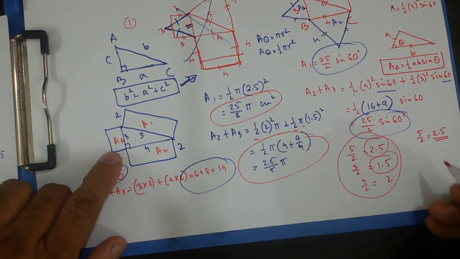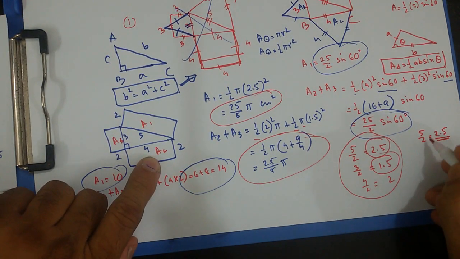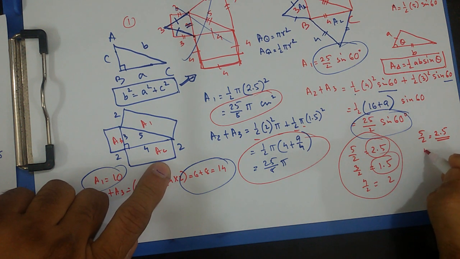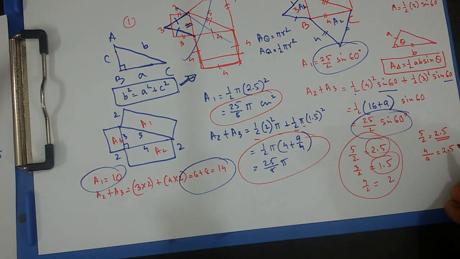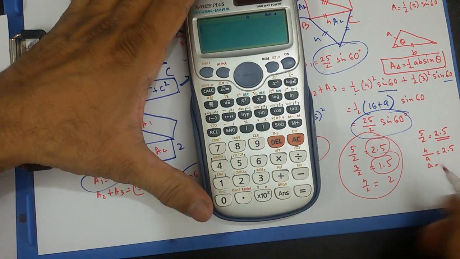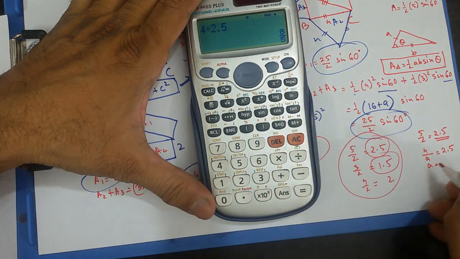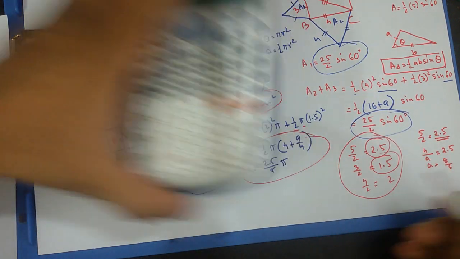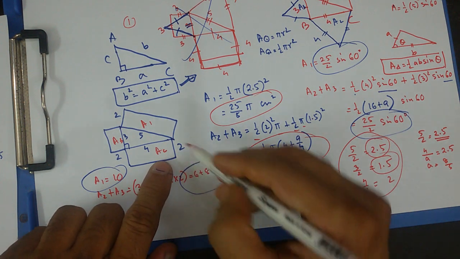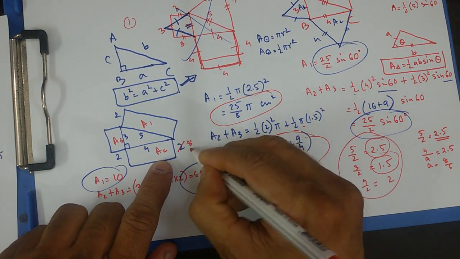For area 2, let's take this one, 4 divided by something. It's supposed to make 2.5. So what is that A equal to? 4 divided by 2.5 is supposed to be 8 by 5. So instead of 2, I take 8 by 5.